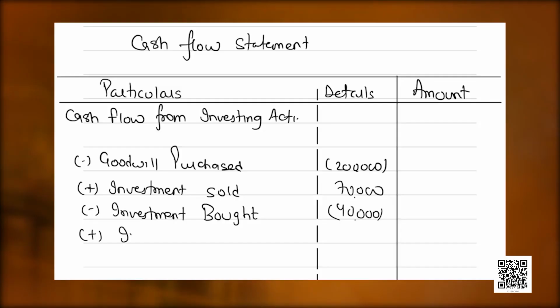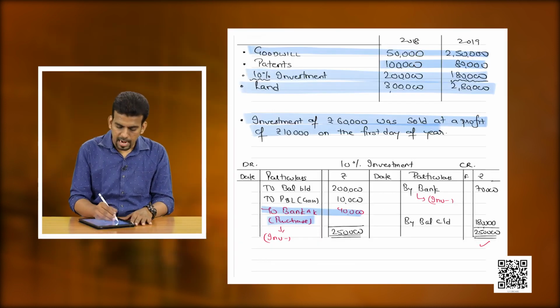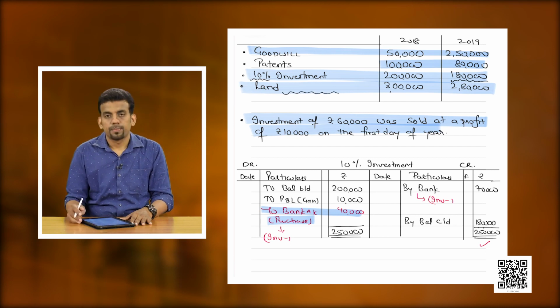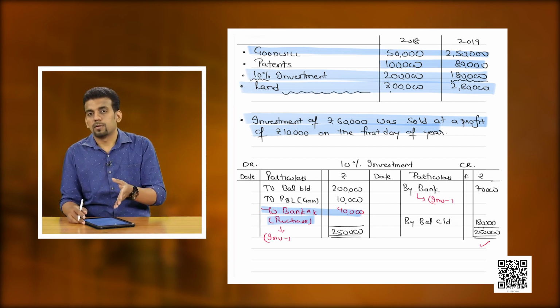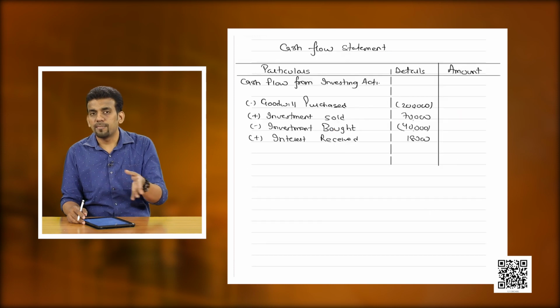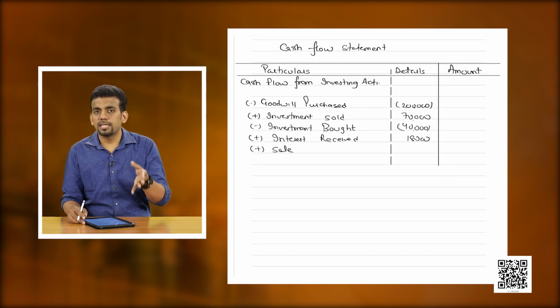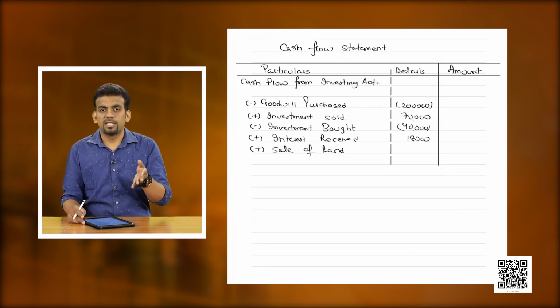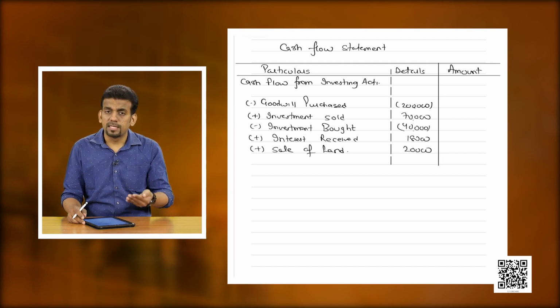So, the interest would be 18,000 as inflow, and we have discussed that land 3 lakh to 280,000 and there is no other information and we cannot consider this reduction as depreciation. So, it is to be considered as sale.